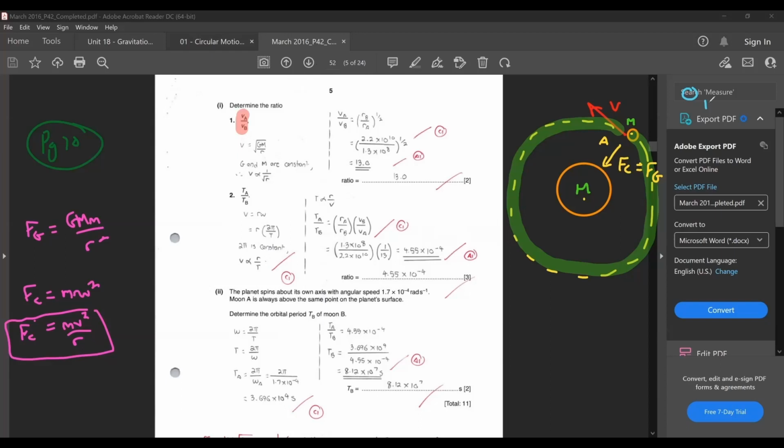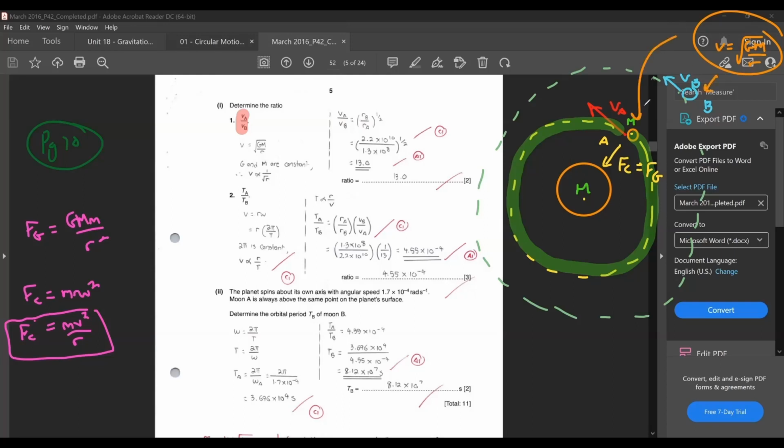This is moon B. Moon B was also moving in circular orbit about that planet that they're talking about. So moon A itself would have VA, moon B itself would have VB. The equation v equals square root of GM over r applies to B, it also applies to A.